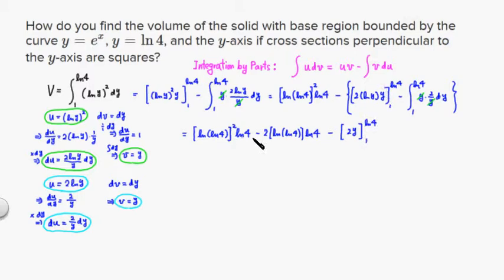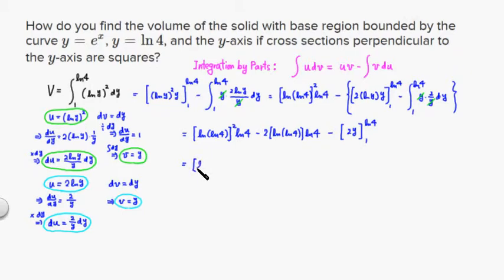So we're almost done. We're done with the first 2 terms. So I'm too lazy, so I'm going to just copy it down.